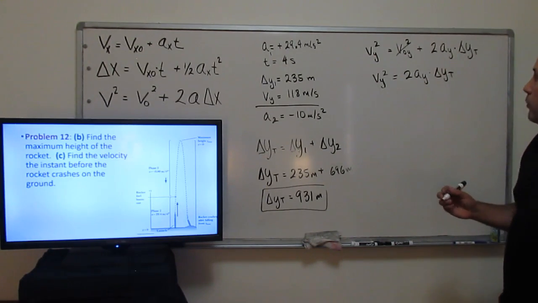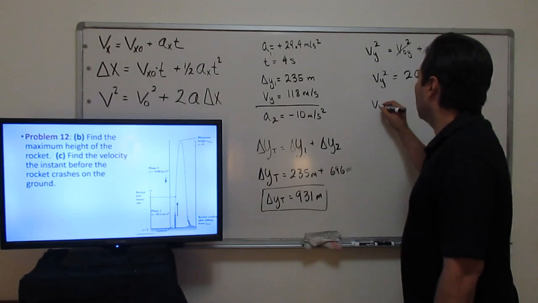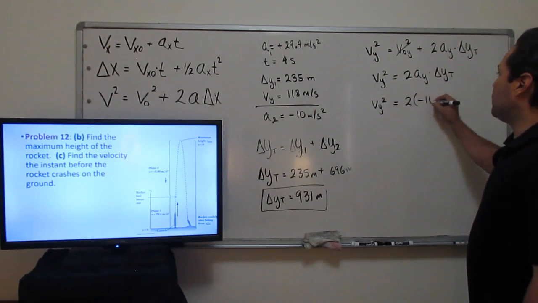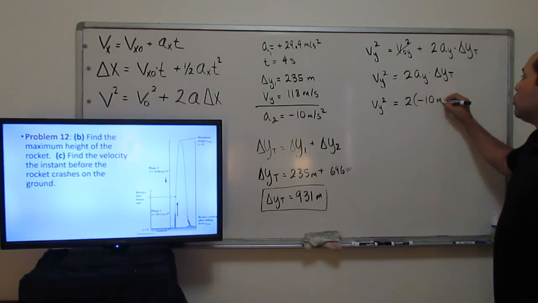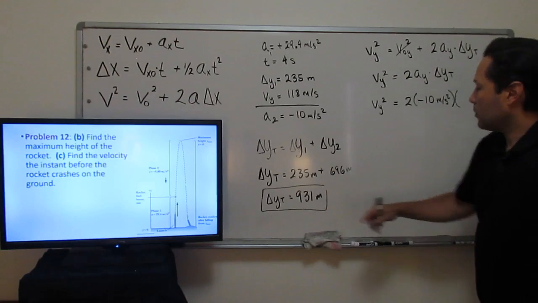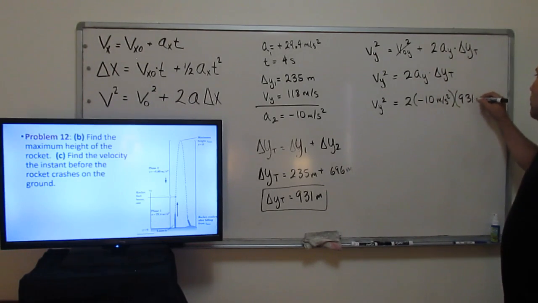Alright, so we plug in those values: 2 times negative 10 meters per second squared, multiplied times the height. It was at 931 meters.